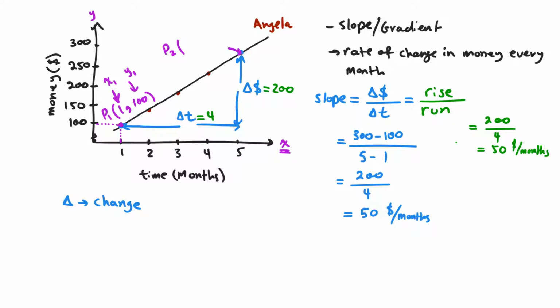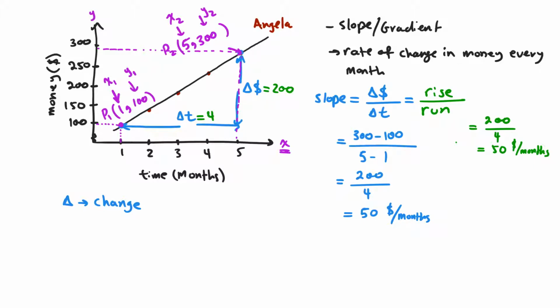The x value here is 5, so I'm going to label this as 5. And the y value is approximately 300, so I'm going to label this as 300. I will call these x2 and y2, referring to the x and y coordinates of point 2.